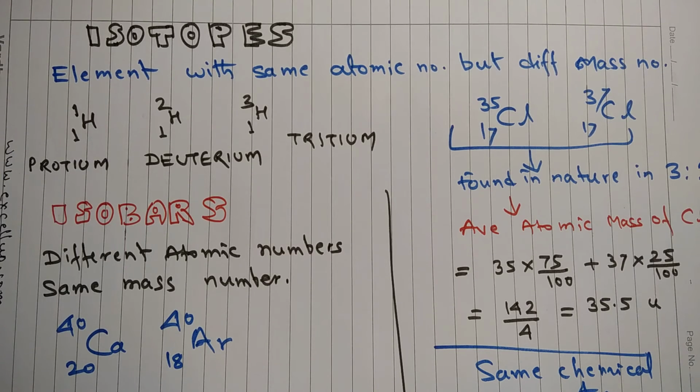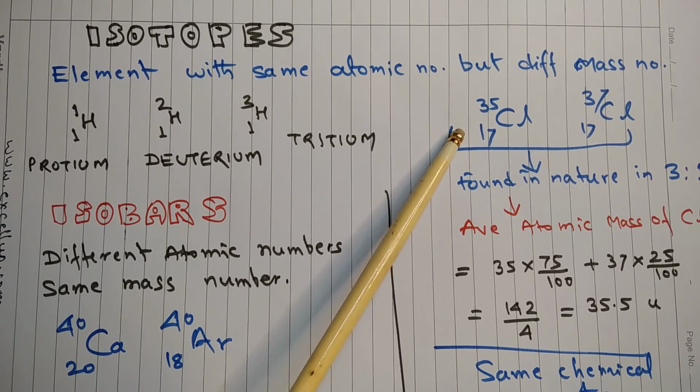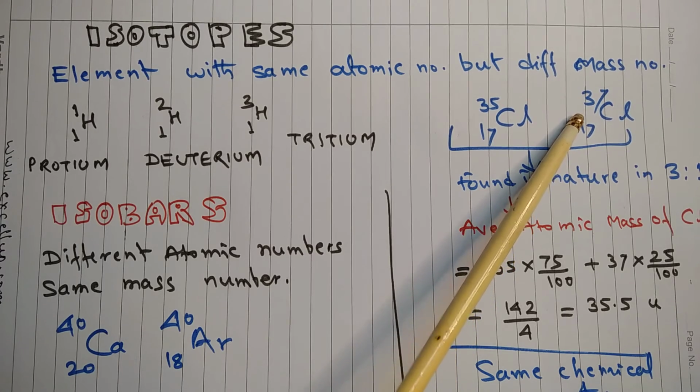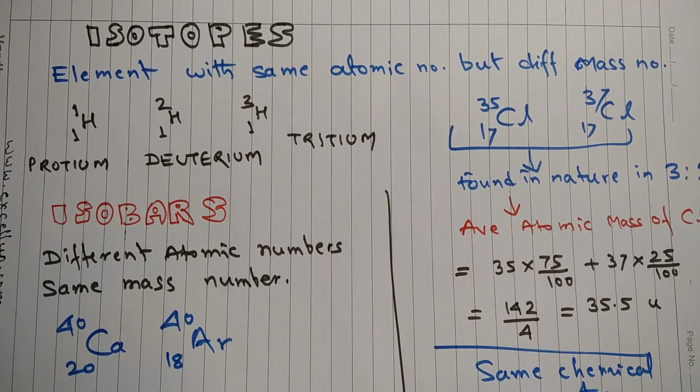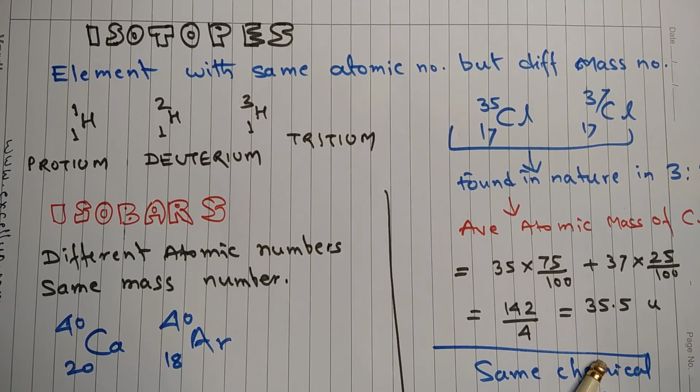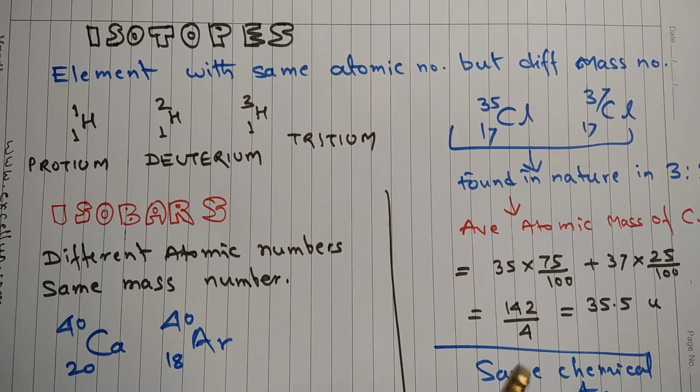It means that in a given sample, some of the atoms of chlorine will have 35 as mass number, and remaining atoms will have 37 mass number. But when the mass of the whole sample is taken, then the average atomic mass of an atom will be 35.5 unit. Isotopes have the same chemical properties, but some of them can have different physical properties.